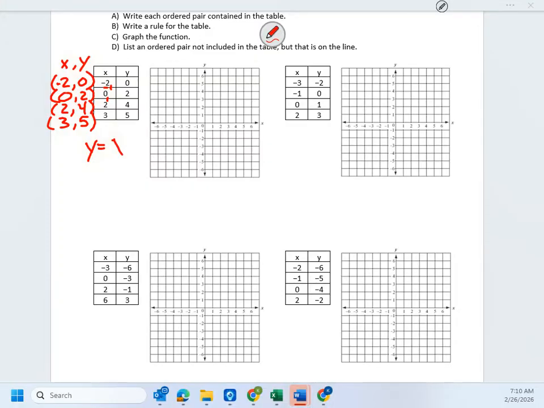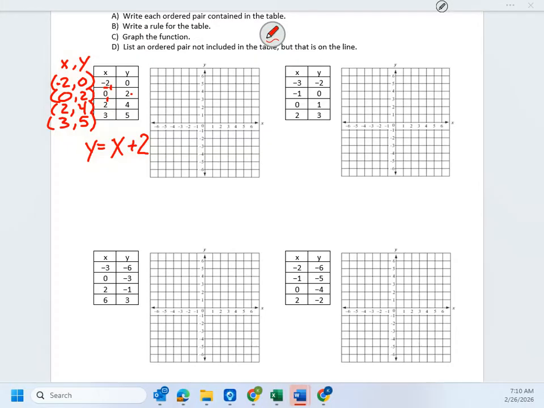But I can look: if I put in my x of 3, how do I get to my y? There's 2 more. Let's look at a different x. If I put in an x of 2, there's 2 more to get to my y. I put in an x of 0, there's 2 more to get to that y of 2.